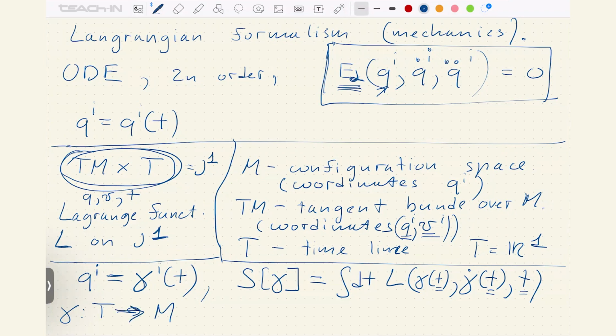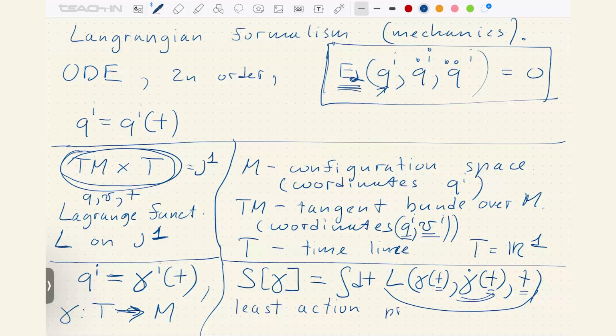Then we can evaluate L on a concrete trajectory at a given moment of time, where in place of velocity we push forward the velocity of this gamma. And we get a function of t which we can integrate, and we disregard for the moment whether the integral exists. Suppose it exists, it's not so important now. And then of course all of you know that we have an action, so we can have the least action principle.